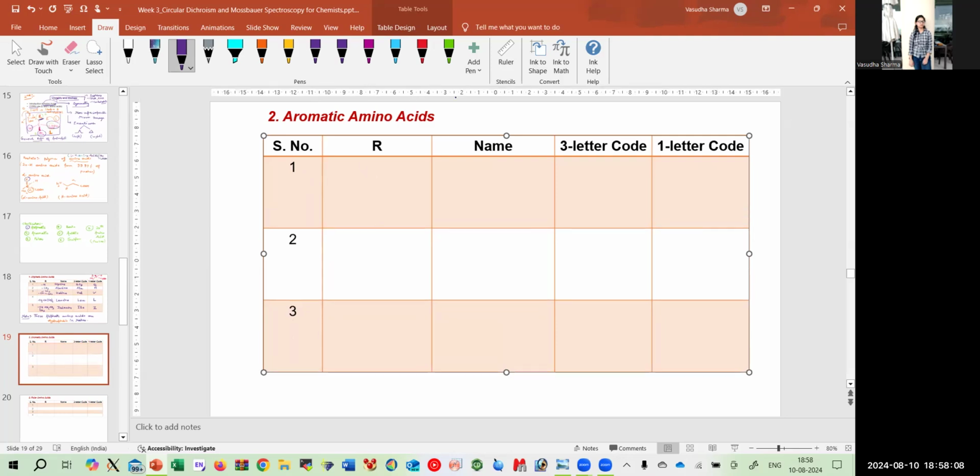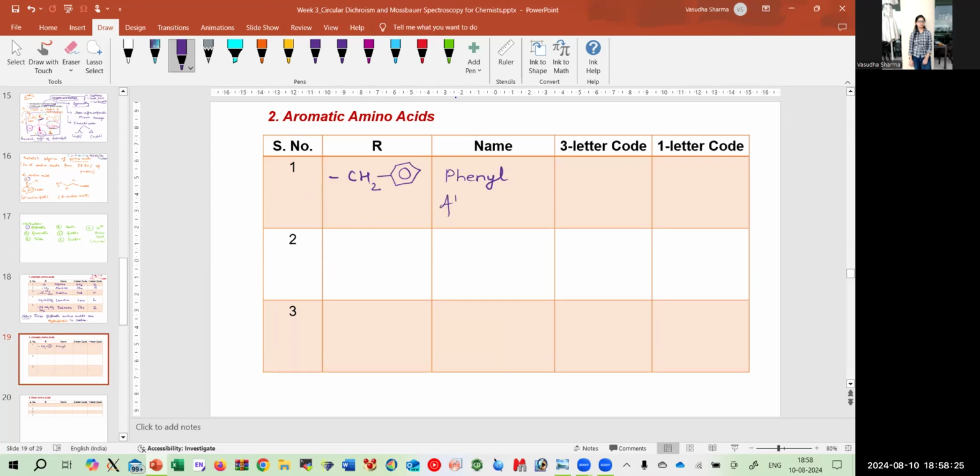Here, of course, the R group has to be aromatic. In the case of R, we have a CH2 group connected with a phenyl group. So this is called phenylalanine, and the three-letter code is PHE, and the one-letter code is F.